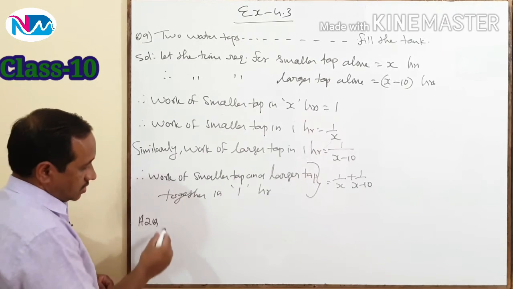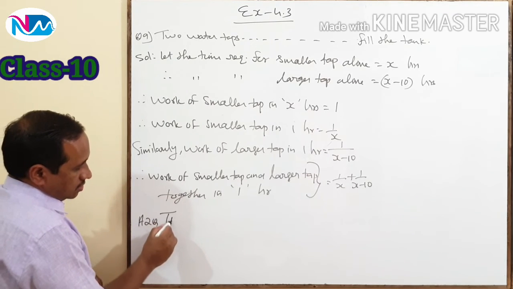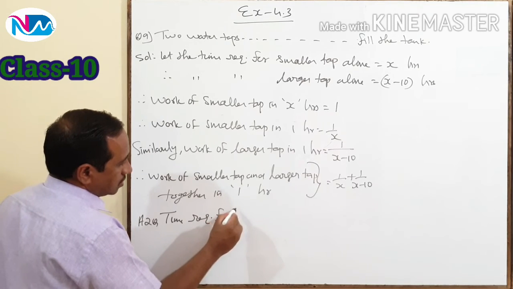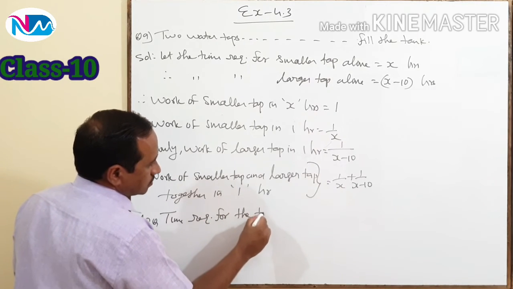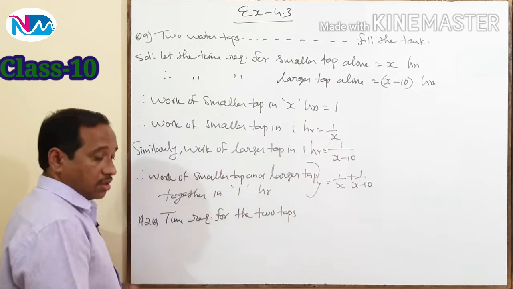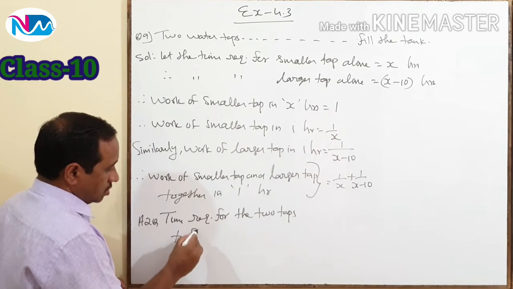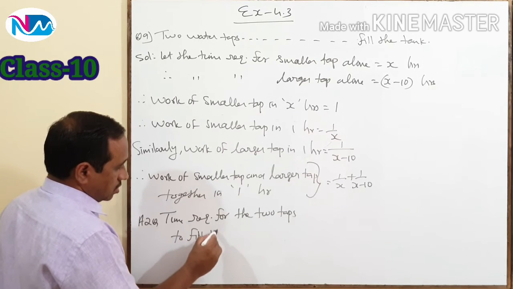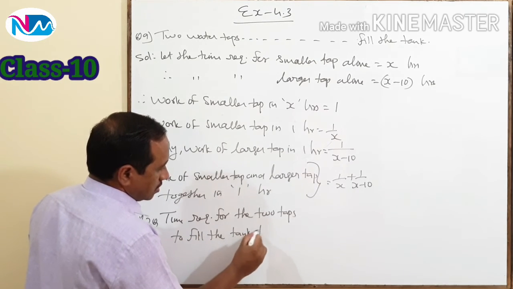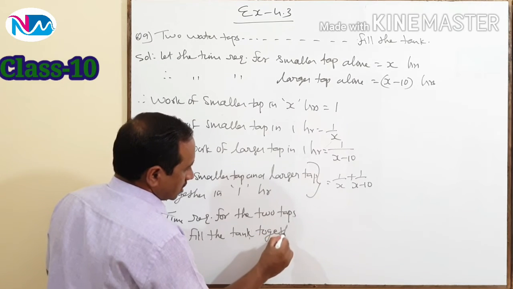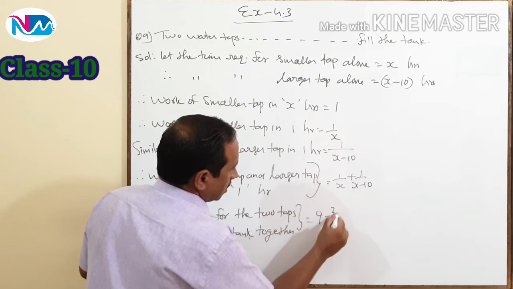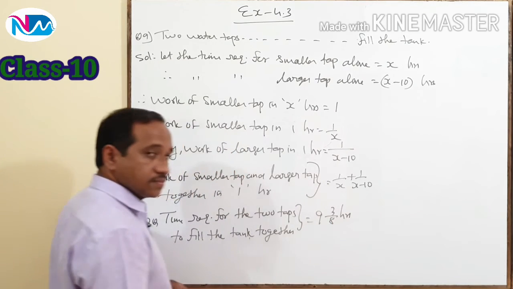According to the question, the time required for the two taps to fill the tank together is equal to 9 3 by 8 hours.